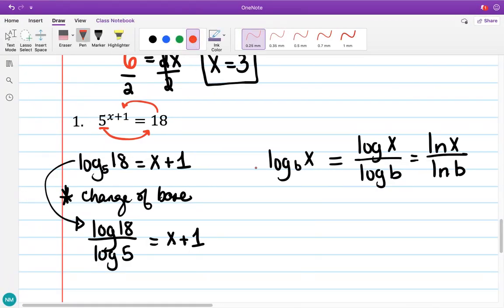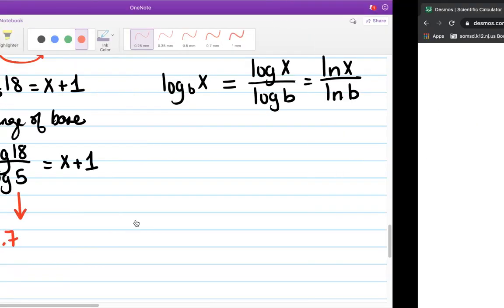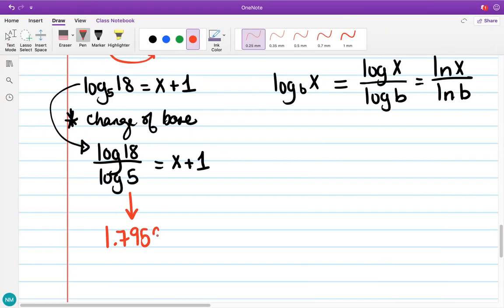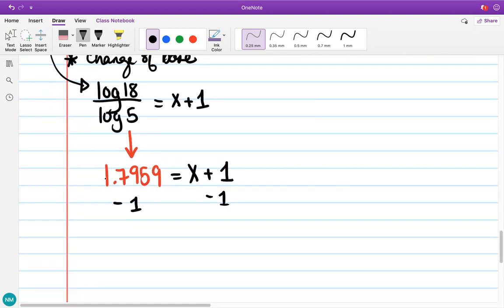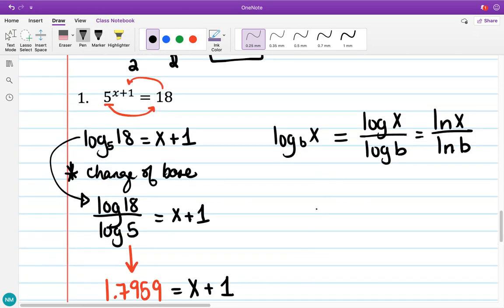So this is equal to 1.7959 equals x plus 1, and then I just have to subtract 1, which is super easy. We just take that 1 out. So the answer is going to be 0.7959. Again, you don't have to check it because it's not logarithmic, it's exponential.